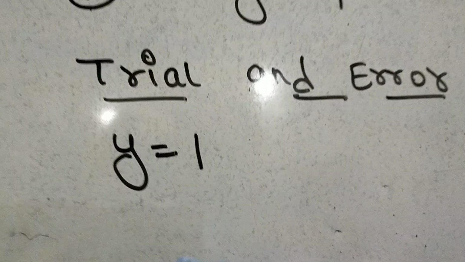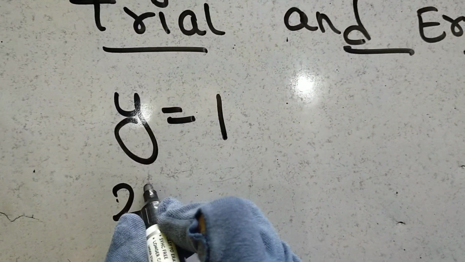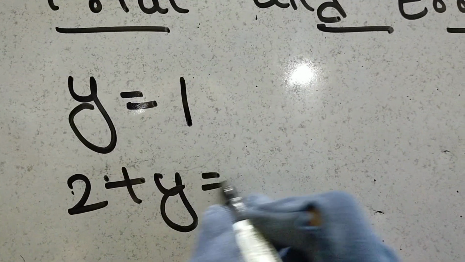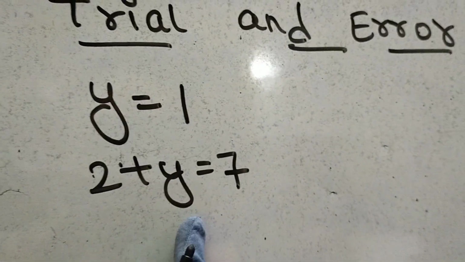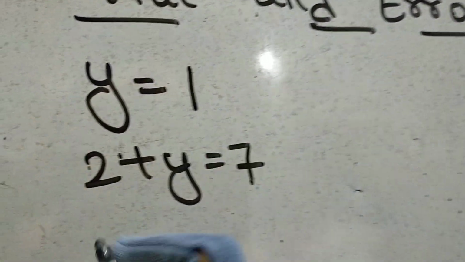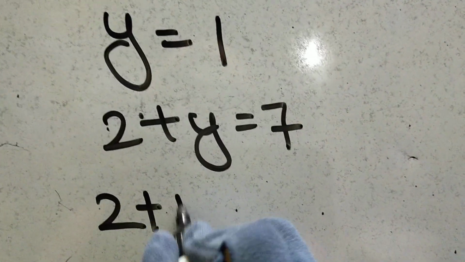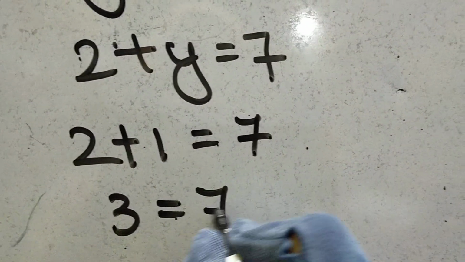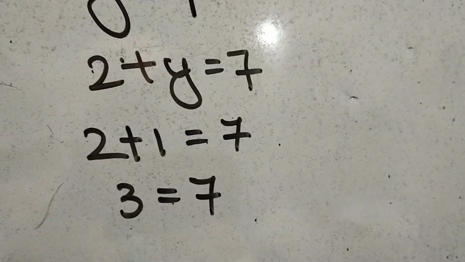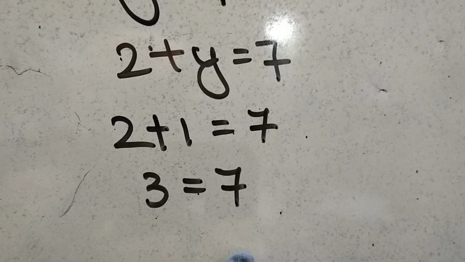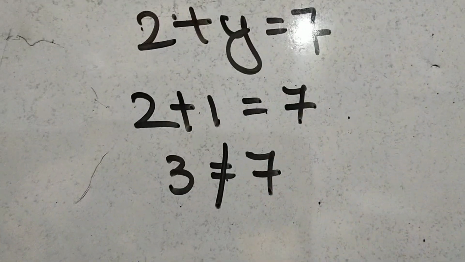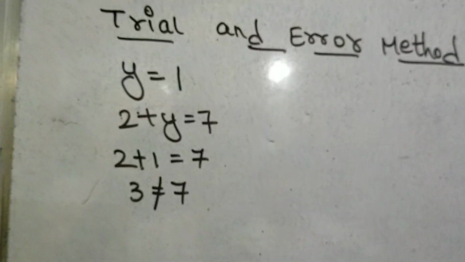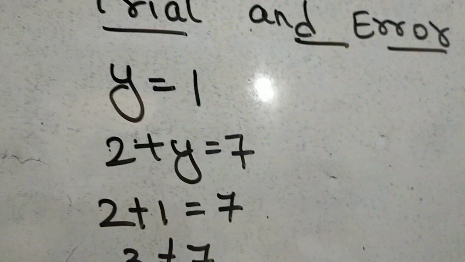Now what is our expression? 2 plus y is equal to 7. So this y you have to replace with 1. So it is 2 plus 1 is equal to 7. So it is 3 equal to 7. Is 3 equal to 7? No, right? Not equal. So the equation is not satisfied. That means y cannot be equal to 1.